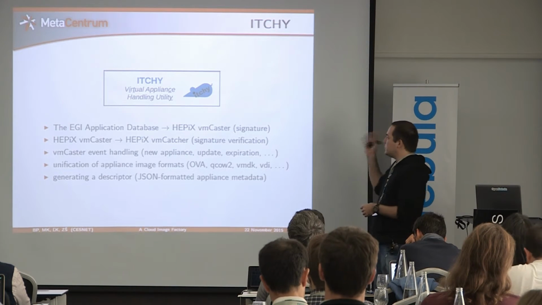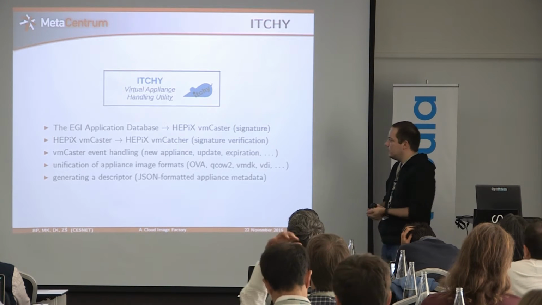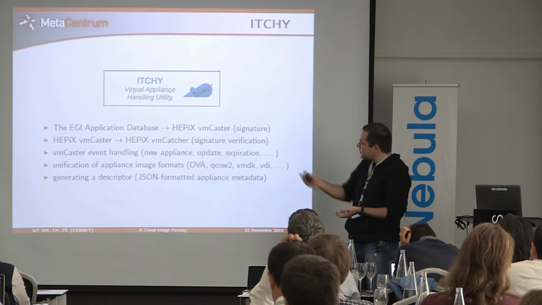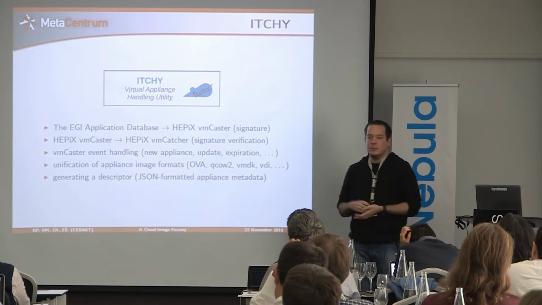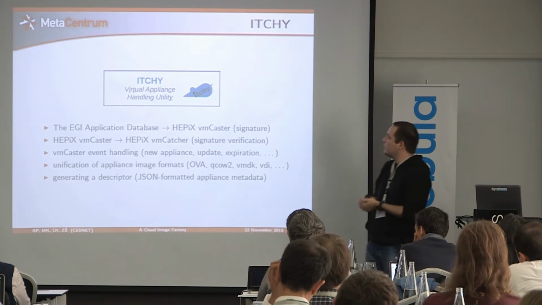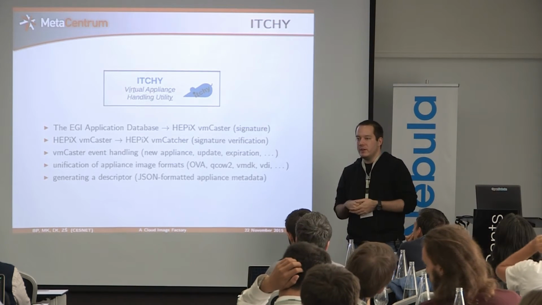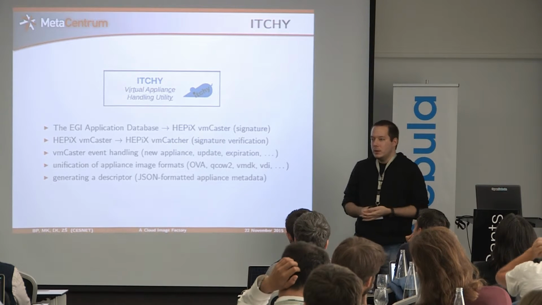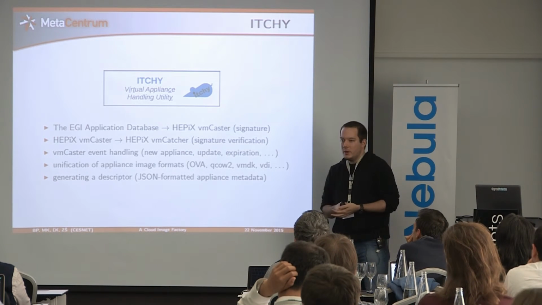When a new image arrives from an external system, in this case from the EGI applications database, it will arrive as an event processed by VMcatcher, and VMcatcher will notify this tool Ichi, which will handle the event and decide what to do.